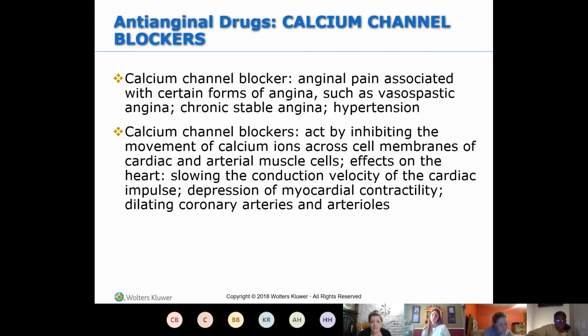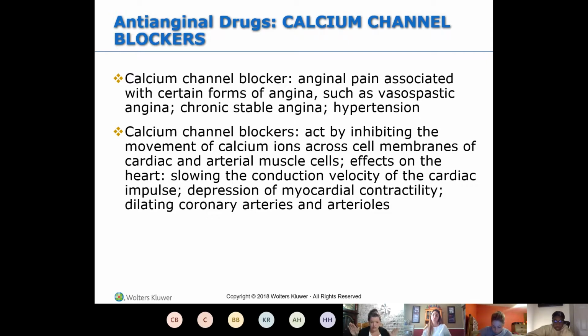So calcium channel blockers are going to be used for those vasospasms, and for chronic stable angina. We understand the difference between acute anginal attacks and chronic stable angina. Acute is right now, it's happening, it's immediate, it's out of the blue. Chronic stable angina is I have a little chest pain and I've had it off and on for 2 years.